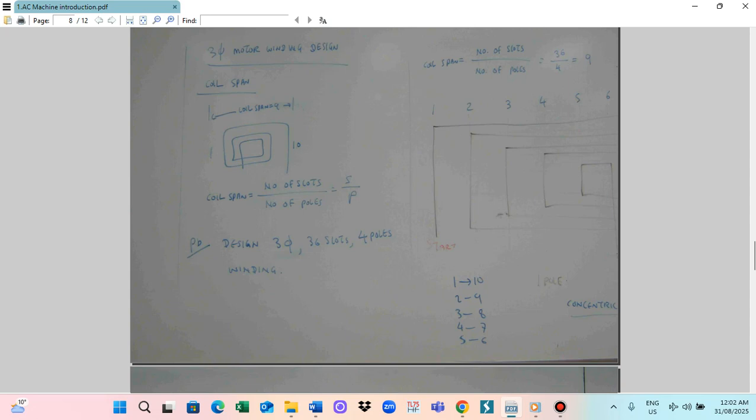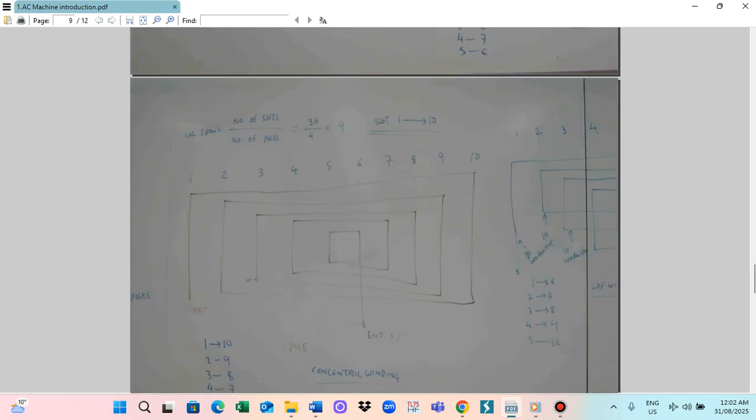On these slot numbers, I will wind the winding. So this is for one coil. We start from this place, at slot 1. This is the slot. So start from 1 and end at 10.